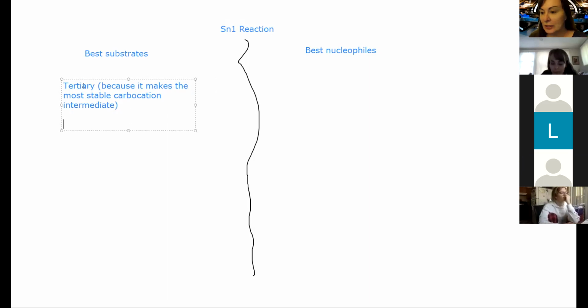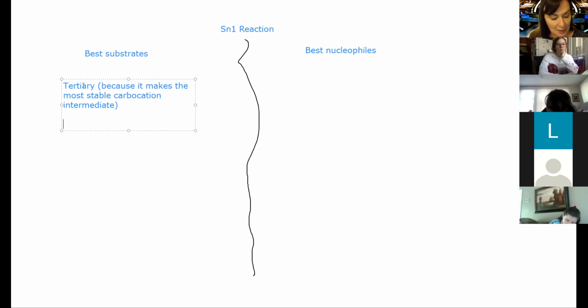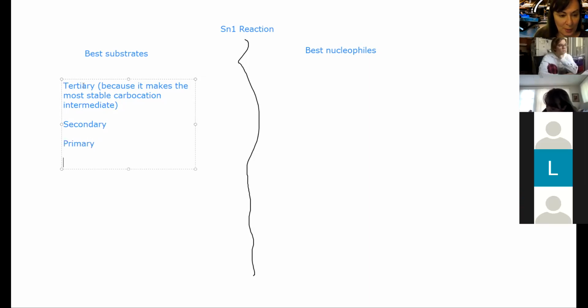And then after tertiary, who comes next? Not as good as tertiary, but still decent. Secondary. Secondary, right? Capitalize that. A secondary substrate. And then after secondary? Primary. And then the worst possible substrate for this reaction would be a methyl substrate, okay?